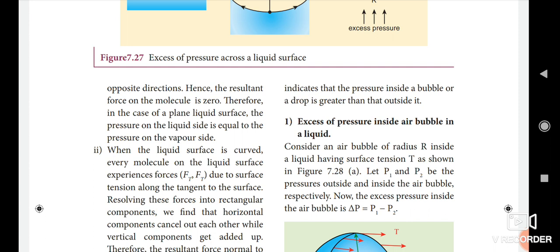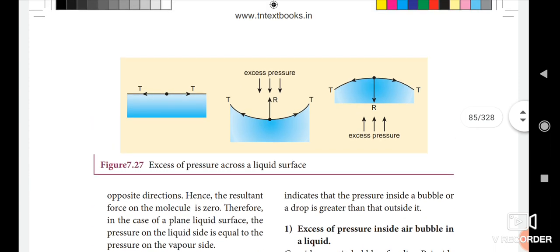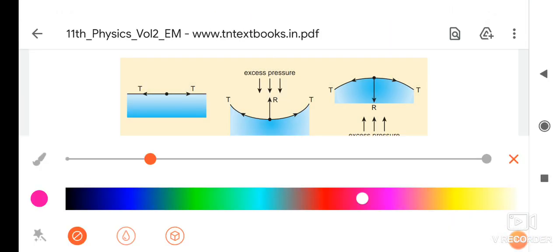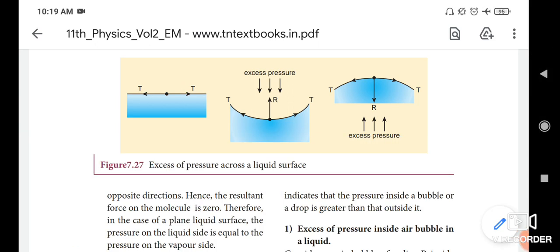Here the forces due to surface tension act tangentially to the liquid surface in opposite directions, so here one arrow is there, and another arrow is there on the other side. Because they act tangentially, two opposite directions are there.